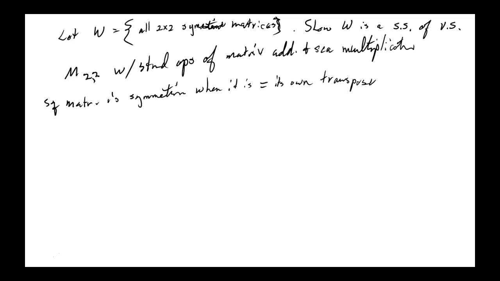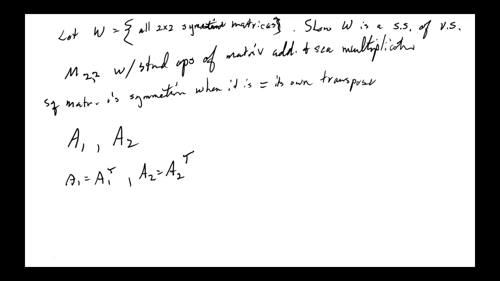Now, what if you have 2 matrices, A1 and A2? These are 2 by 2 symmetric matrices. Because they are symmetric, that means A1 is equal to A1 transpose, and A2 is equal to A2 transpose.